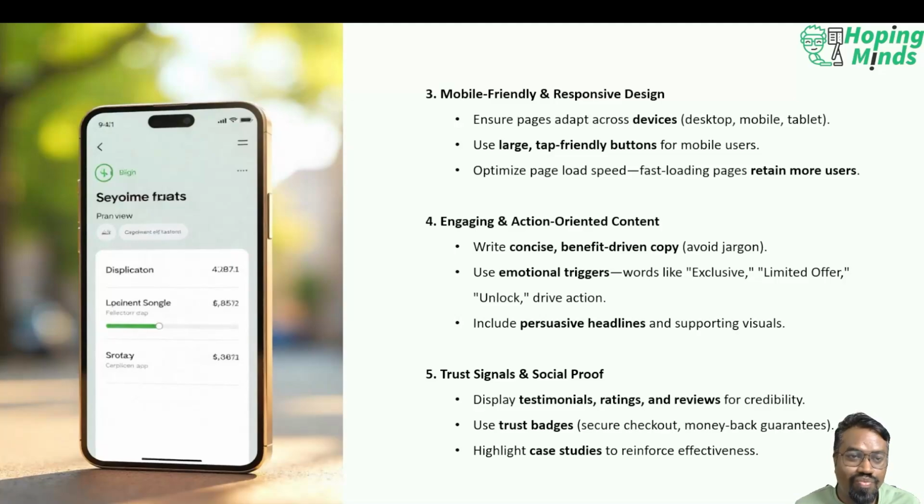What is a copy? The content which sells, the content which creates engagement, is known as copy, right? As I told you, the content of the website should be so intuitive, so interesting that a user should be hooked and stay on that website for longer durations.